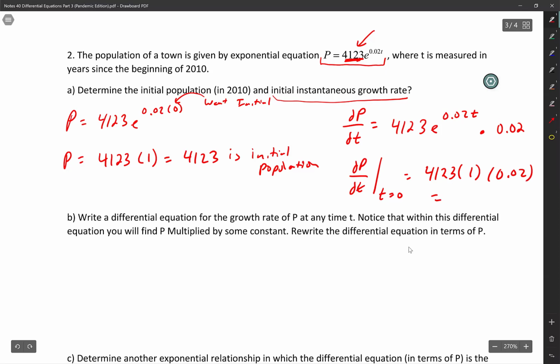And what do we get there? 4123 times 0.02, I got 82.46. Initial instantaneous growth rate. I need units. They don't tell me units, but if you wanted to put units, it's people per year.